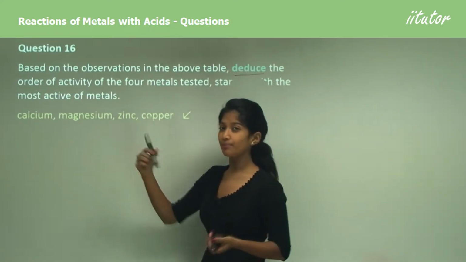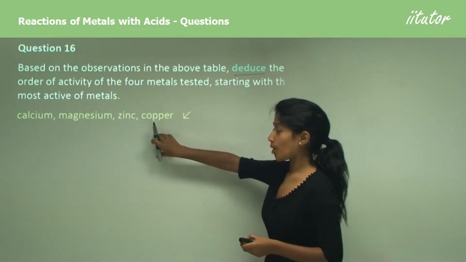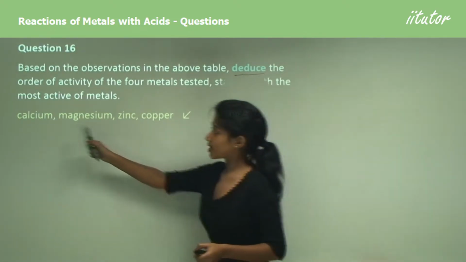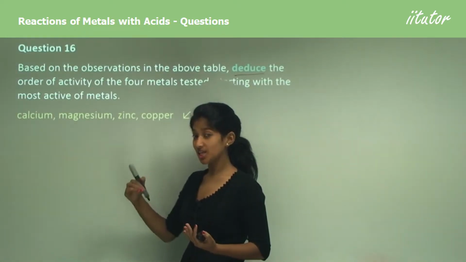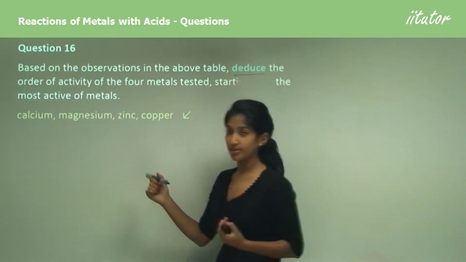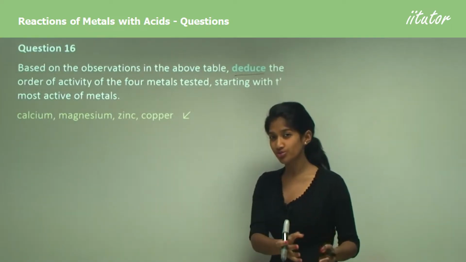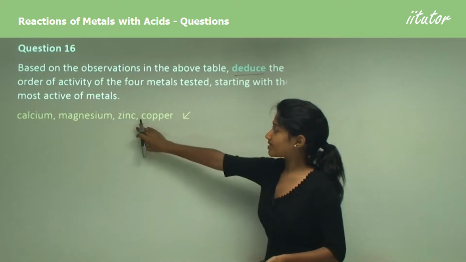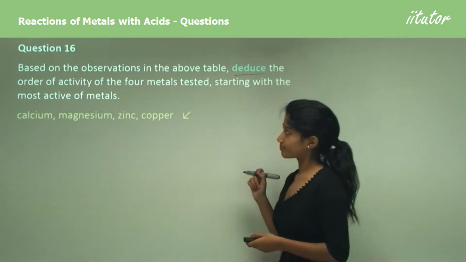Calcium and magnesium both are from the second group, while zinc and copper, they're in the middle. So we have calcium being more reactive than magnesium because it's towards the bottom of the periodic table. So if you move to your left towards the bottom, that's where you find the most reactive metals. And these two in the middle are not as reactive as these two.